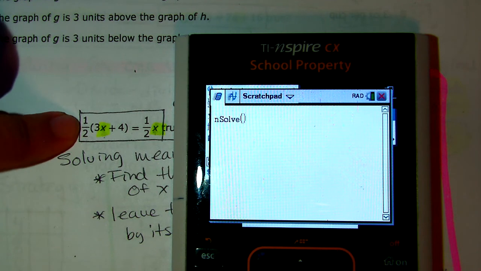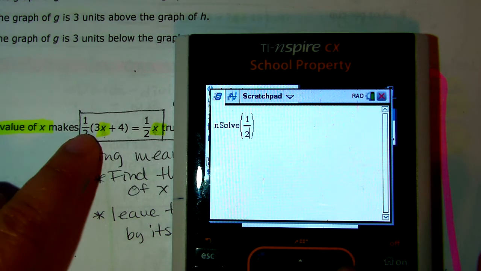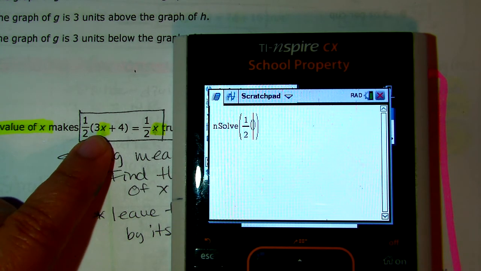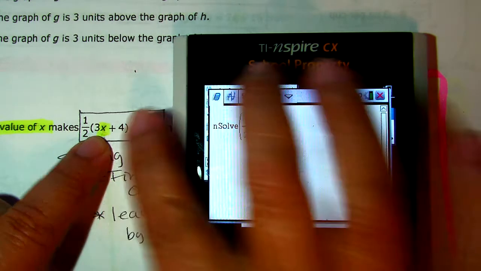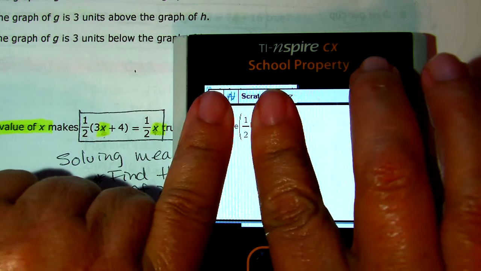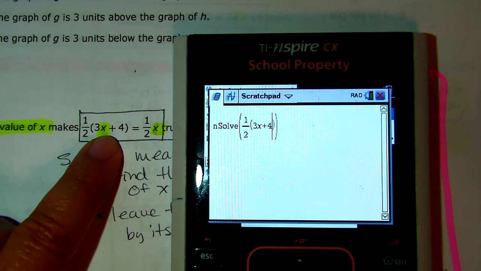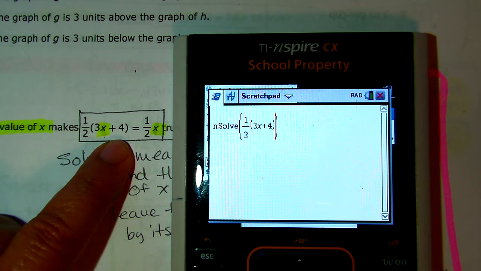What did we say we press when we have a fraction? Control divide, and then you have 1 over 2. Then we have a parenthesis. Open the parentheses. No matter how many parentheses you have here, you still have to put them inside the parentheses of the answer. And I have 3x plus 4, and then I'm going to close it.